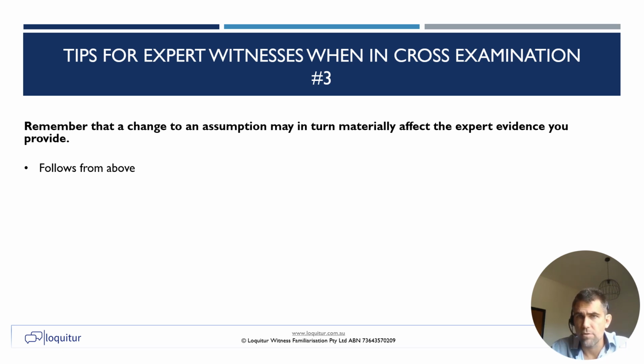For example, if your assumptions are wrong, they have to change or are incorrect. You should also be ready to explain the effect of certain assumptions being incorrect in cross-examination. And you should also then consider the utility or effect of your evidence if those assumptions are found to be wrong.